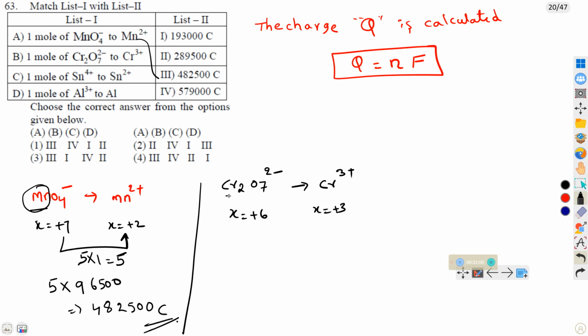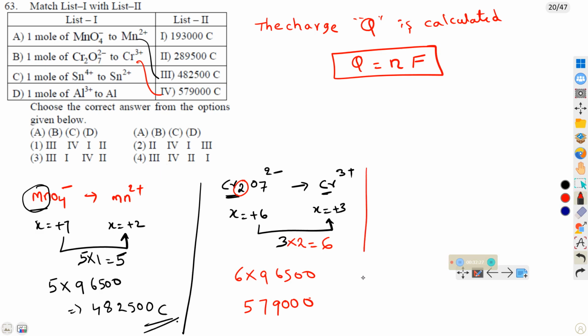Chromium oxidation state. Oxidation number difference is 3. How many chromium atoms are present? 2 chromium atoms are present. So multiply with 2. N factor value is 6. So 6 into 96500 is 579,000. B4, A3, B. Still 2 options are there.